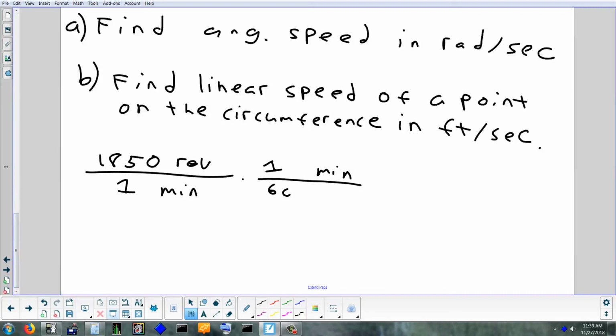In 1 minute, there's 60 seconds. So now I've got revolutions per second. I have to change revolutions to feet. Where would revolutions go? In the bottom.